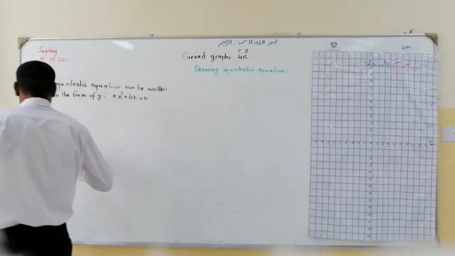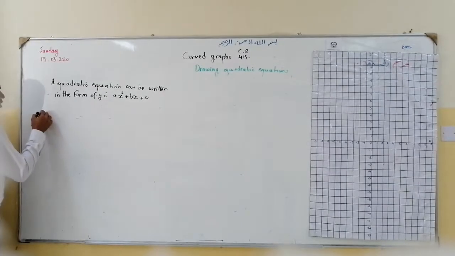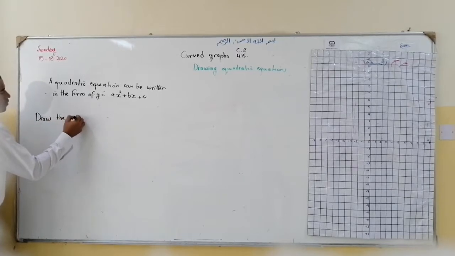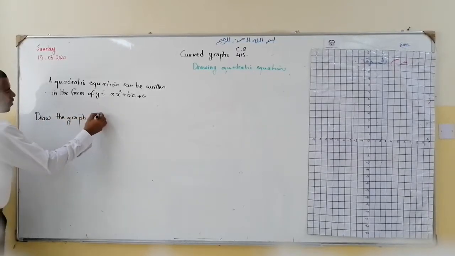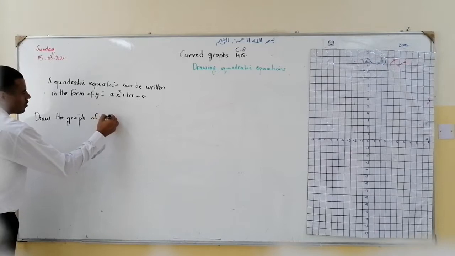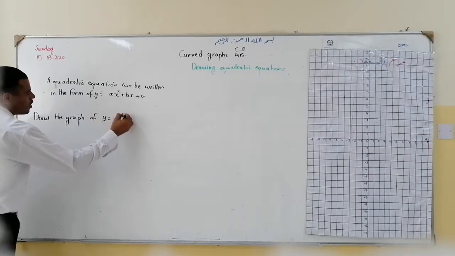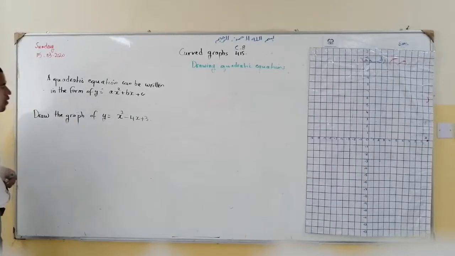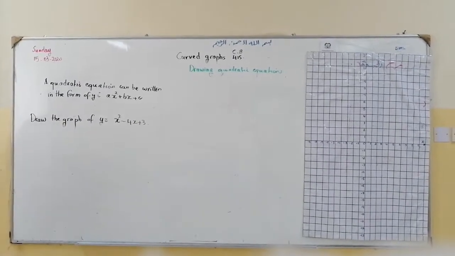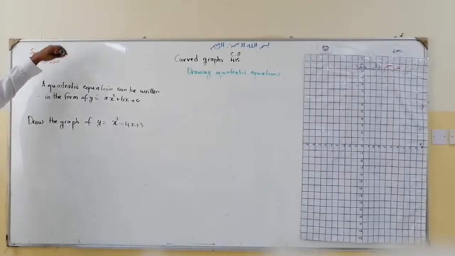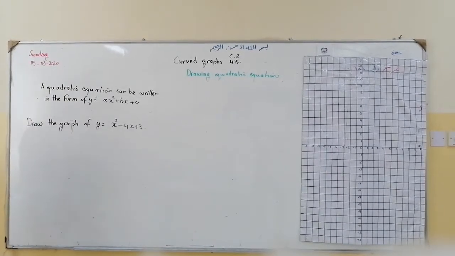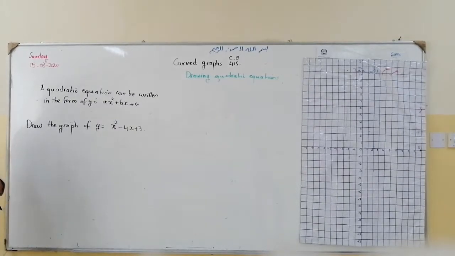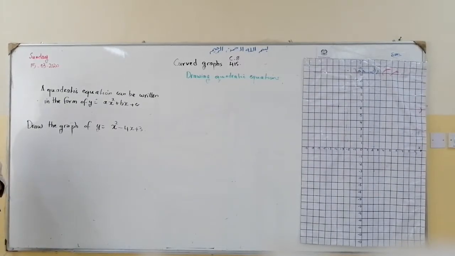Okay, the question is: draw the graph of the equation y equal x squared negative 4x plus 3. First of all, my kids, before starting drawing the graph of this equation, you should first find the axis of symmetry and the turning point.